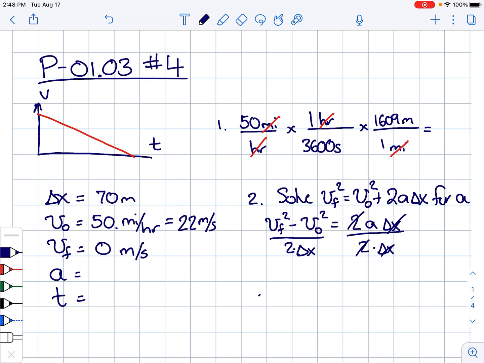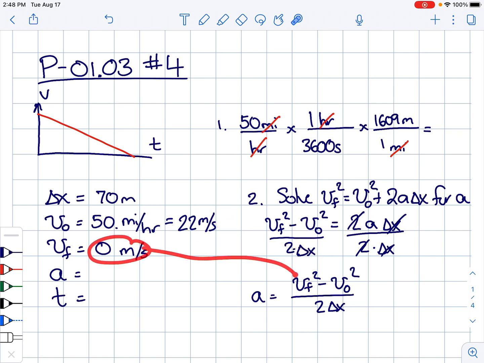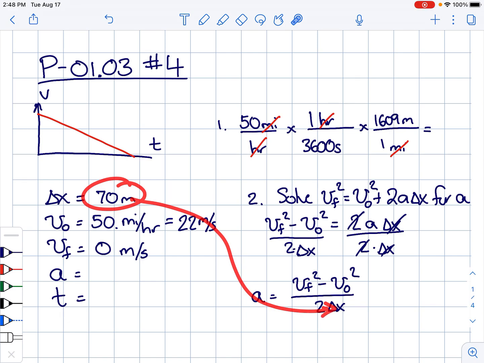Our solution, a, equals the final velocity squared minus the initial velocity squared, divided by 2 times delta x. So you will take whatever initial velocity you get and plug it in there. The final velocity is 0, and you know delta x, it goes there. You can find the acceleration, okay?